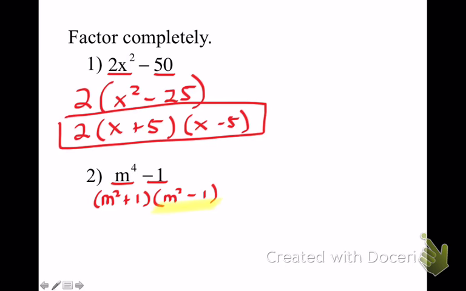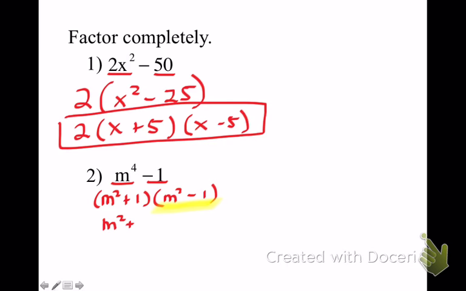Now what I want you to notice is this one right here. We are now left with this difference of squares here. So remember, it's got to be fully factored.